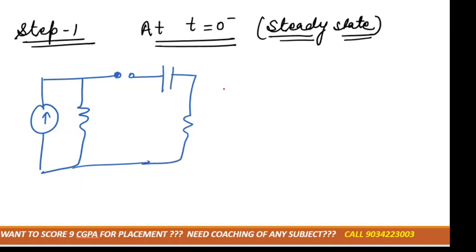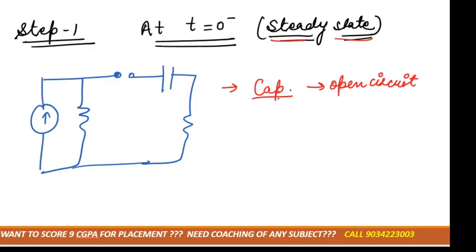Now I told you that in a steady state condition, a capacitor will not behave like a capacitor. If current has been flowing for a long time in the capacitor, then the capacitor will behave as an open circuit.